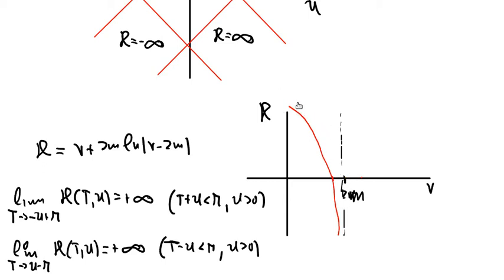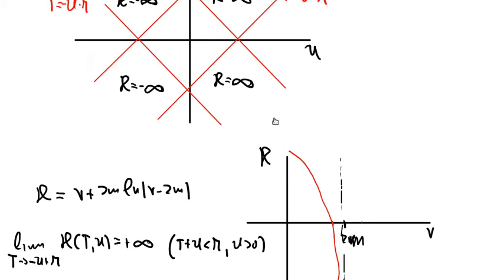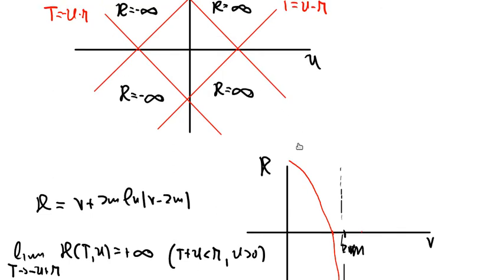And we see that if r goes to plus infinity, then what happens here is that this curve intersects the vertical axis at a certain point.